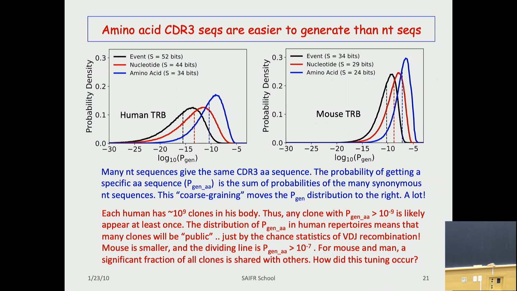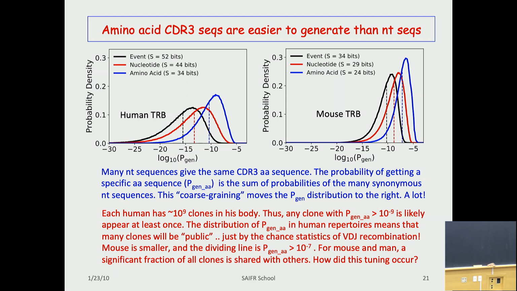The blue curve is what happens if you combine together all nucleotide sequences that have the same CDR3 amino acid sequence. So it's a coarse graining, if you like, of this distribution, and because there are many different nucleotide sequences that give you a particular amino acid sequence, and you're supposed to add up all of the probabilities to get the probability of generating an amino acid sequence, everybody moves to the right.